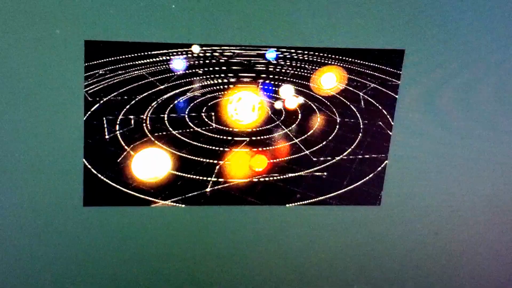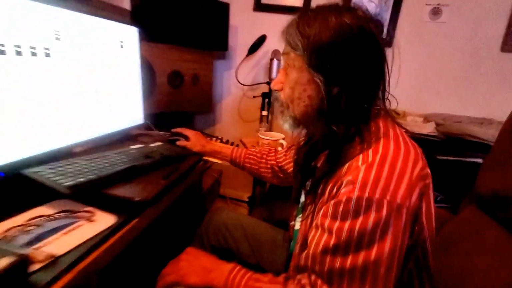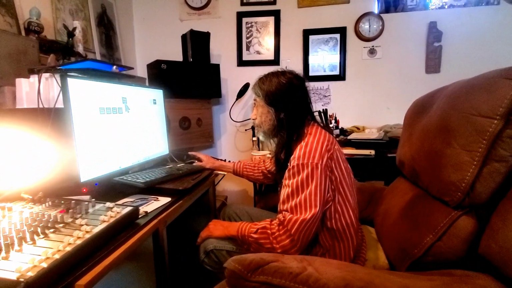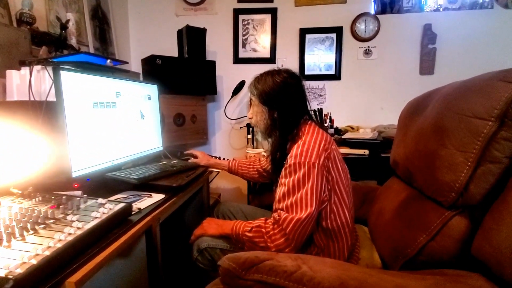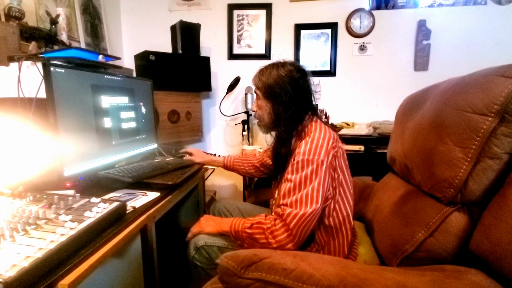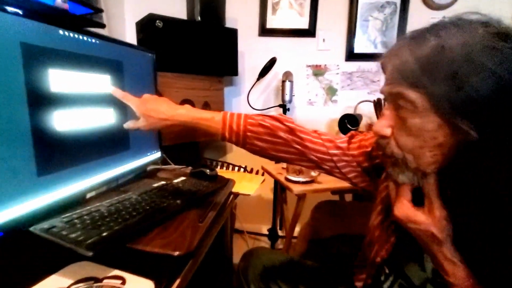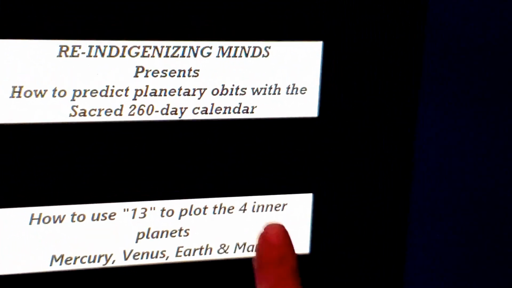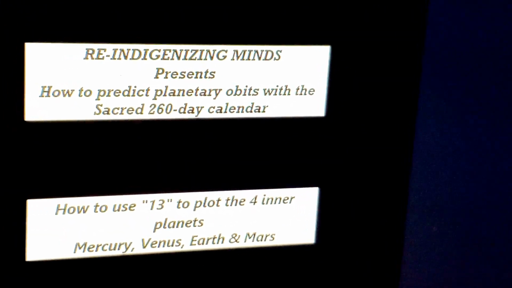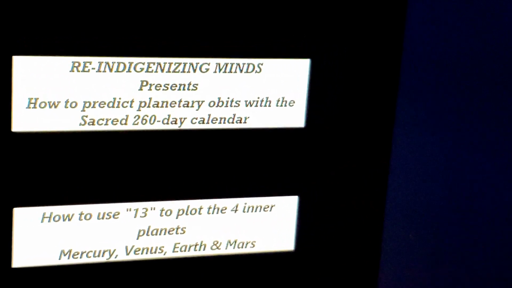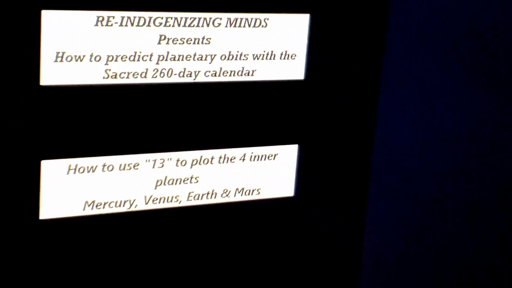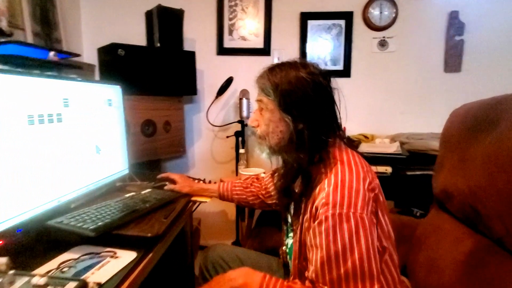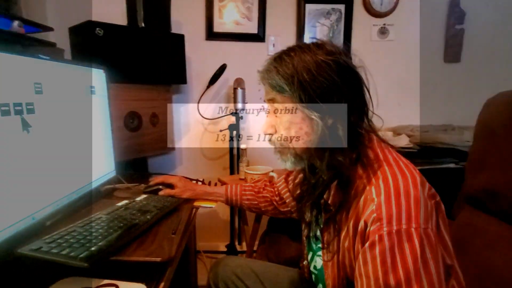First, I'm going to open with part of the presentation that I already did: how to predict planetary orbits with the sacred 260-day calendar, and how to use 13 to plot the four inner planets, Mercury, Venus, Earth, and Mars. To make it easier, I'll start with the first planet, which is Mercury.